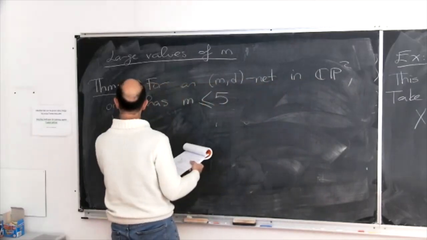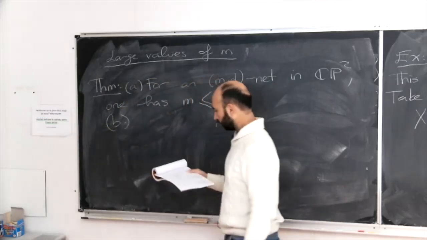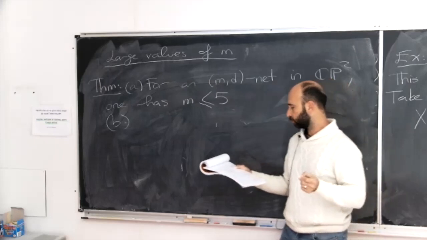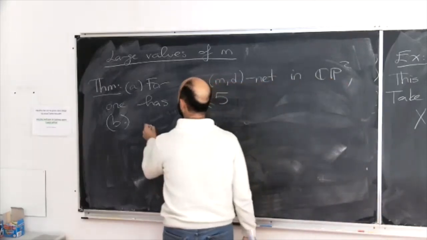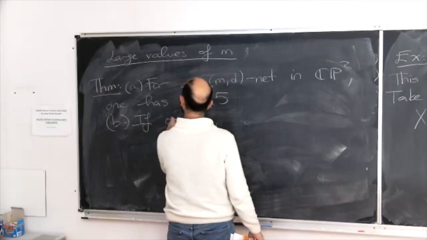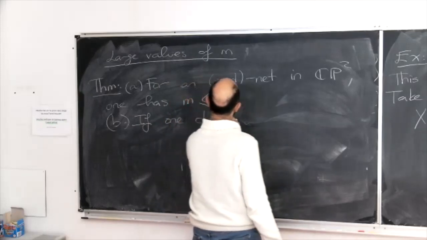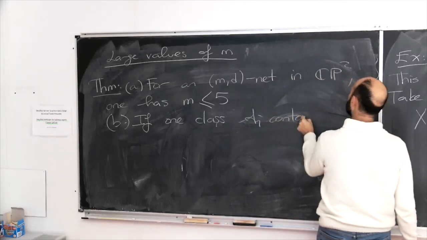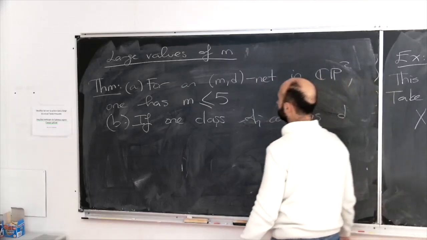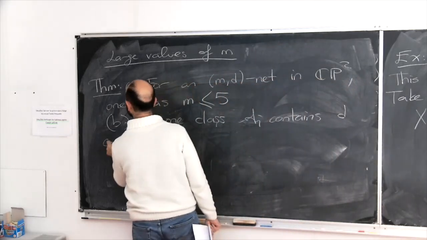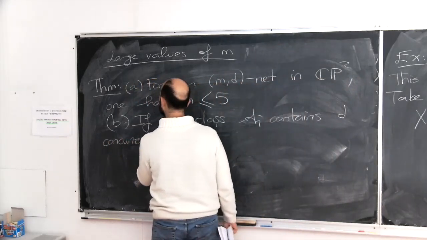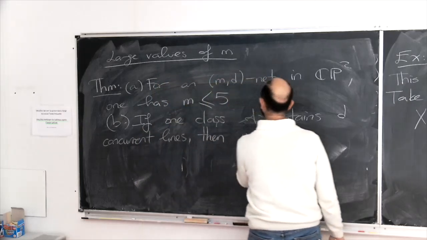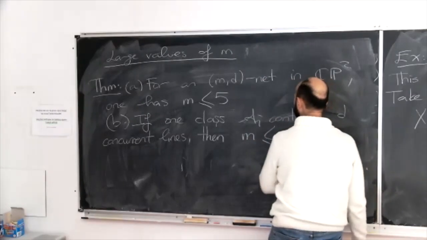Part B, if one of the classes A_i is special, you can say a little bit more. So if one class A_i contains just d concurrent lines, then m cannot be 5 either.